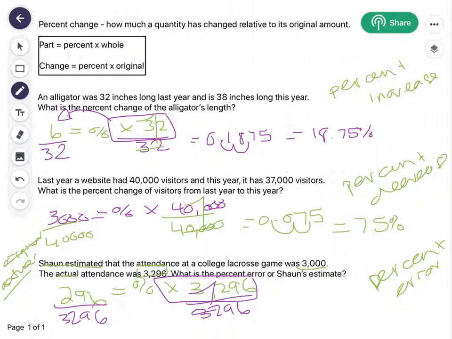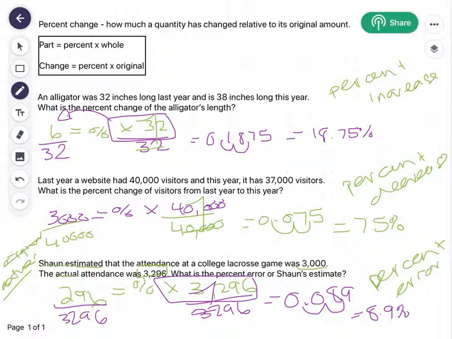And 296 divided by 3296 gives us our 0.089, make it a percent, and it is 8.9%. He was wrong by about 8.9% is what that answer means down there.